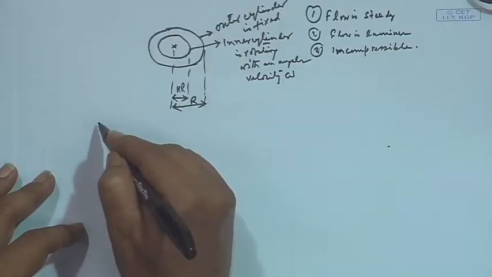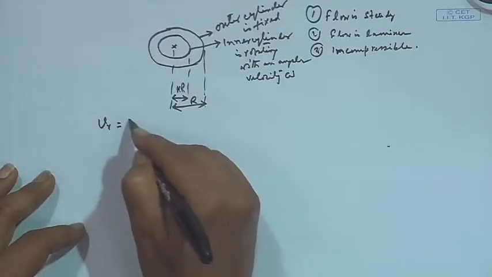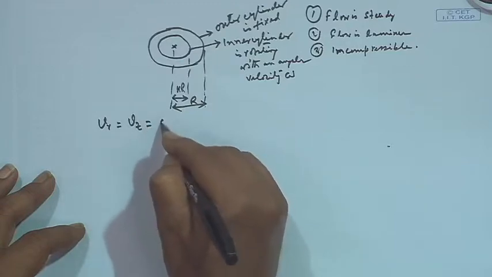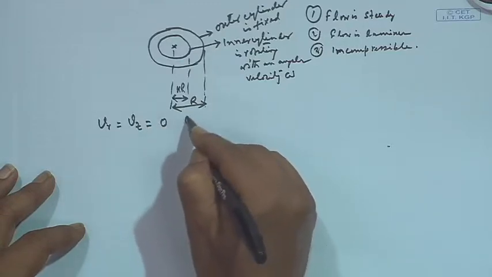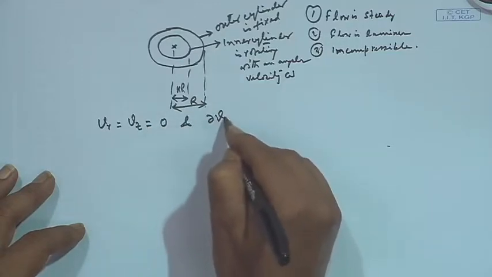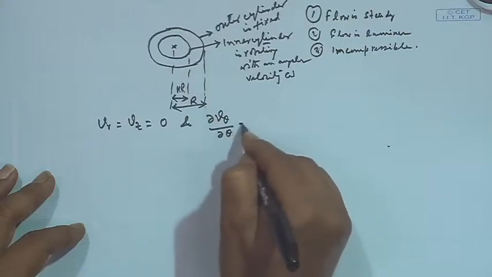So, when we are doing it, then from the Navier-Stokes equation, from the given problem, again we can write that VR is equal to Vz is equal to 0, this is 1, and del V theta is equal to 0.